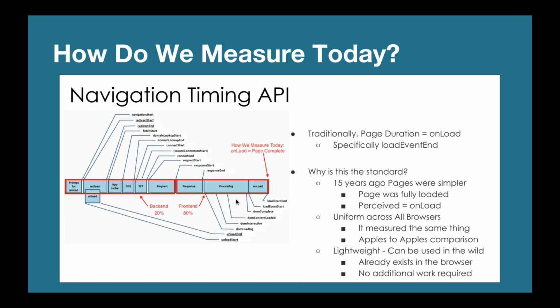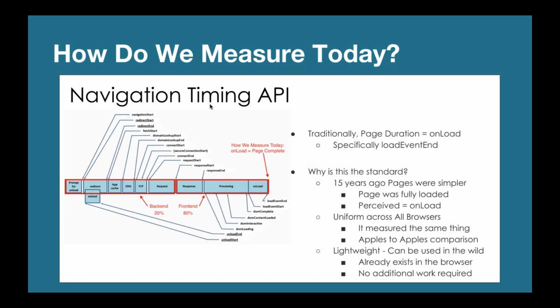The other reason that we use this a lot is because it's pretty standard across all browsers. So it's an apples to apples comparison of when something starts loading, DOM processing on IE versus Chrome versus Safari. The final thing is that it's lightweight. All of these marks and measures that are inside of the navigation timing API already exist in the browser, so it's not really a lot of work for us to get it.